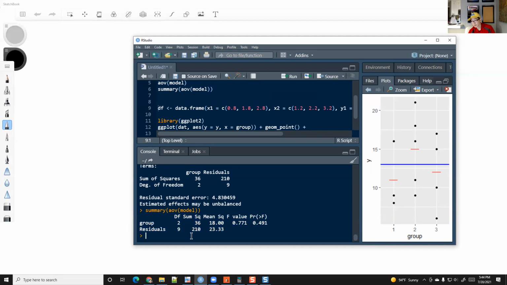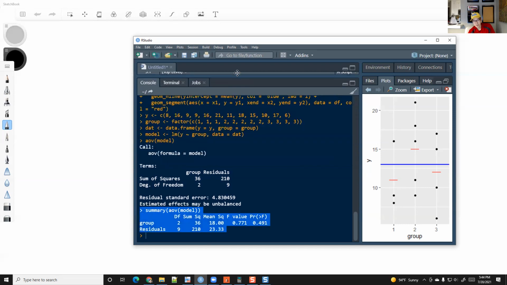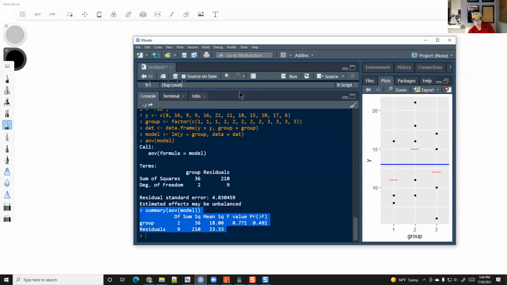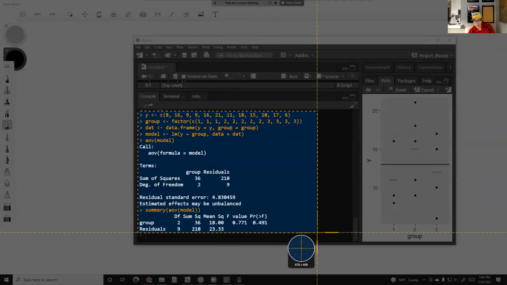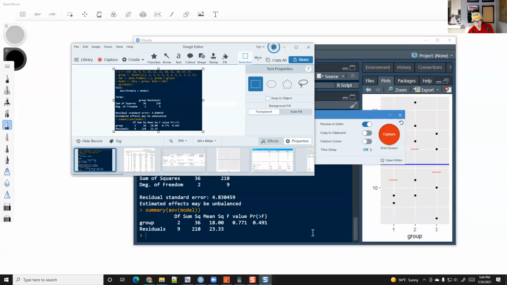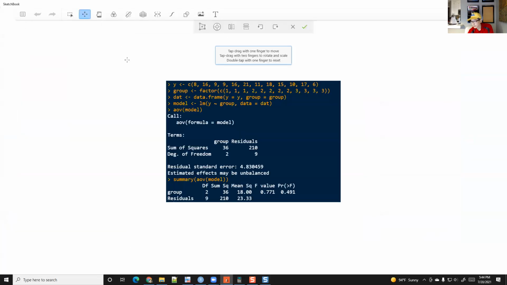We spent this first whole hour and a half going over how we calculate this, and with just a few lines of code, we have the results here. So I'll throw this into one of the slides if you're interested in how to go about doing something like this in R.